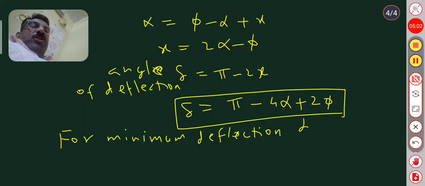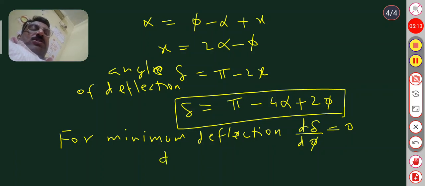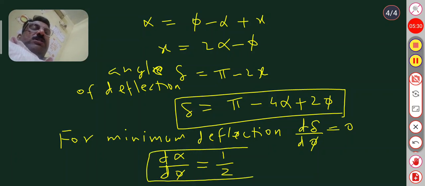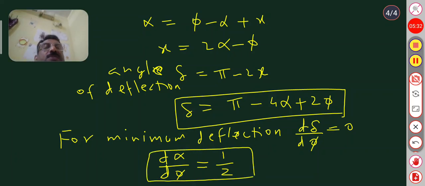For minimum deflection, d delta divided by d phi should be equal to 0. If you equate this to 0, then you will get d alpha divided by d phi equal to 1 by 2. This is the relation you will get. Now we have to find the value of phi.